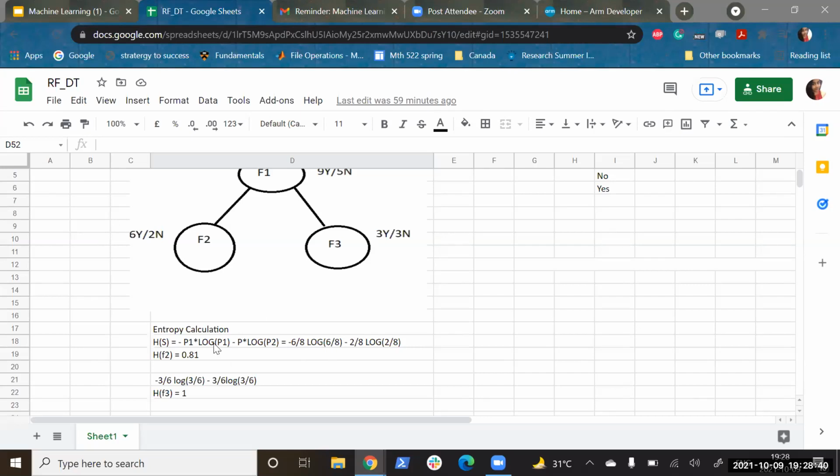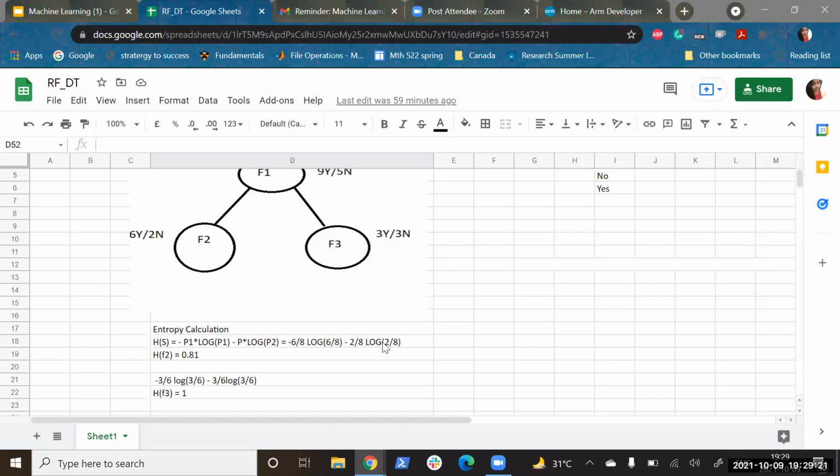Sorry, I forgot to put base 2, but you have to calculate it for base 2. Then for the negative side, the no's, we have 2, and the total number of subsets here is 8. So 2 by 8 log 2 by 8. If you do the calculations, you should come up with an answer of 0.81.